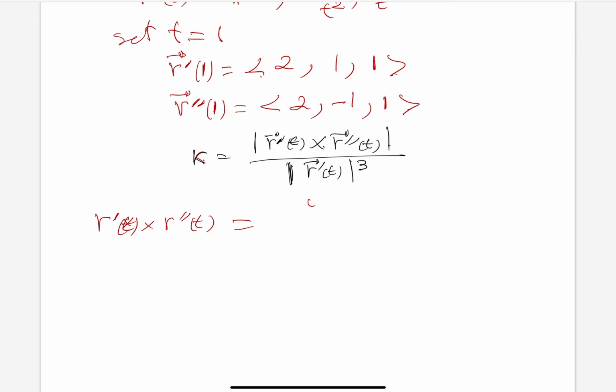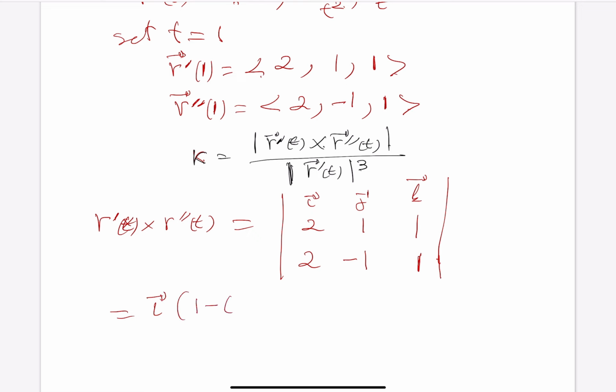If we take the cross product, i, j, k, we have 2, 1, 1 and 2, negative 1, 1. Here we have i times 1 minus parenthesis negative 1.